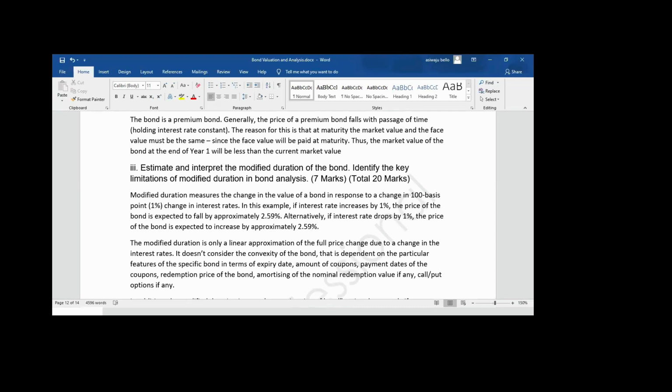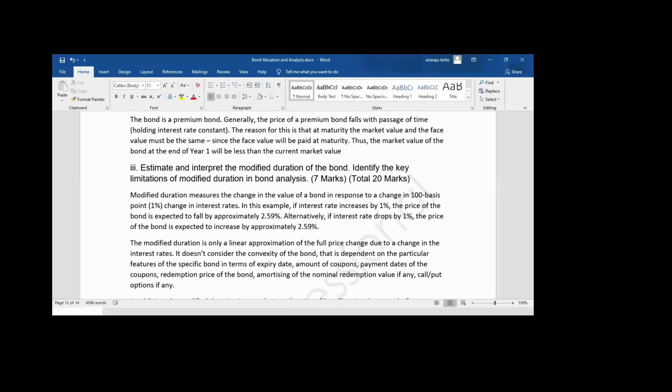So you have explained the interpretation. That 2.95% computed means that if interest rates rise by 1%, the price of the bond will fall by 2.95%. And if interest rates fall by 1%, the price of the bond will increase by 2.95%.